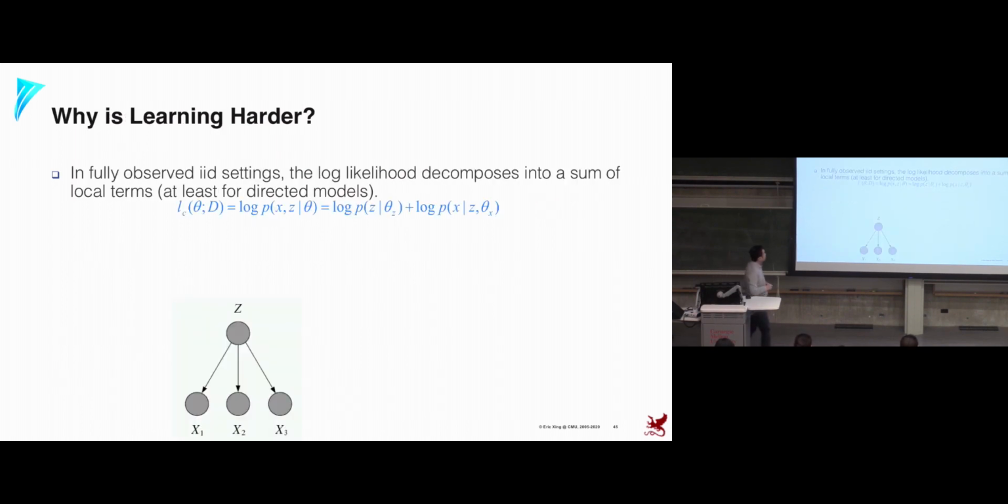And where is the difficulty? Well, when we see all the values of the graphical model, we have this very nice factorization that allows us to take a log of the likelihood and then treat it as two different subfunctions. One is only about z, the other is about x given z, right? And then when you take the derivative, for example, with respect to theta_z, you only need to worry about this part.